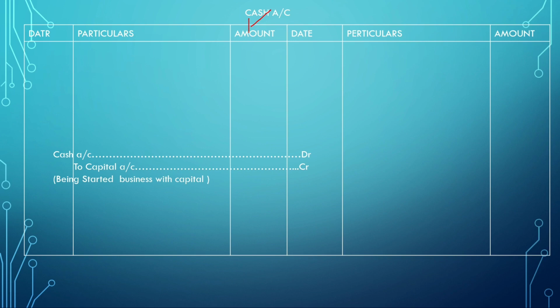Cash account is a debtor. This transaction happened on the 1st of April. See here, you can observe cash account debtor, debit. So the left hand side is debit, DR, and the right hand side is credit, CR.